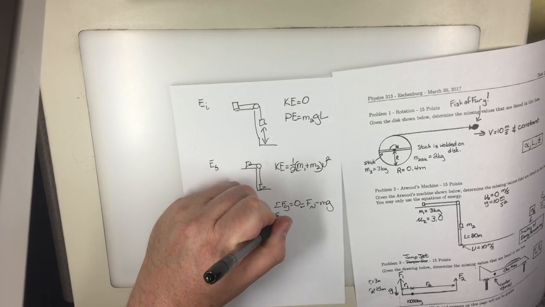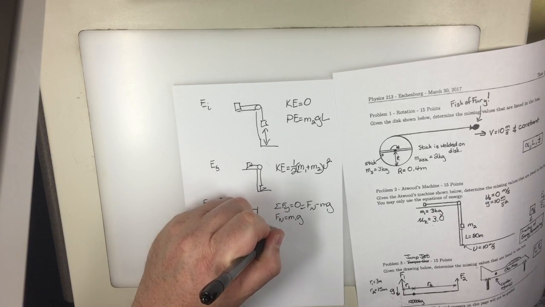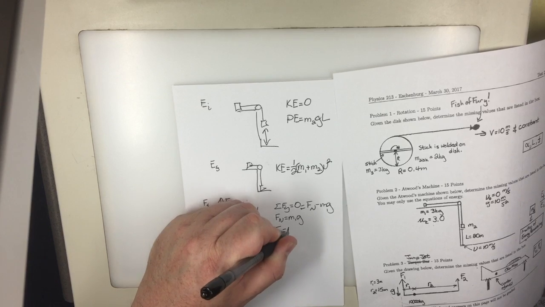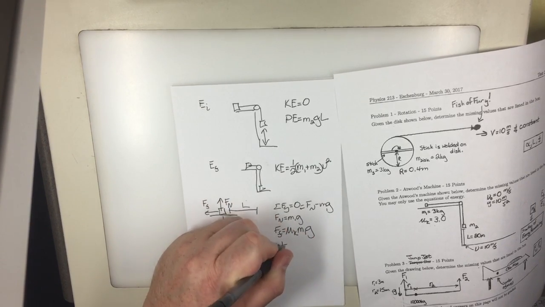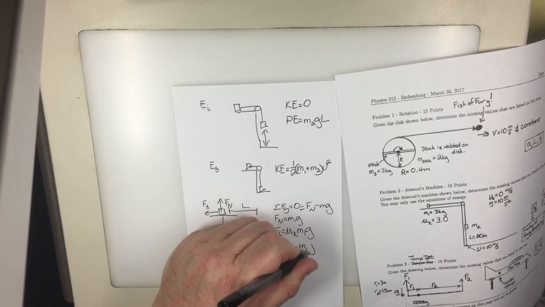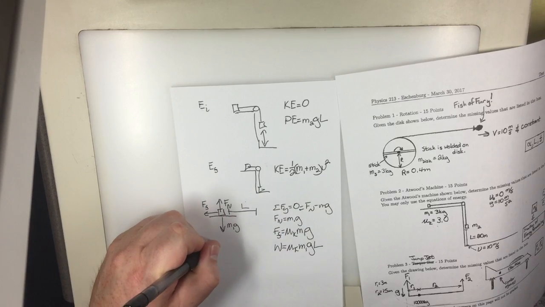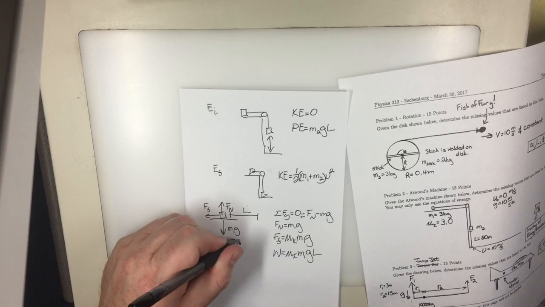So normal force is equal to m1g, which means that friction force is mu sub k m1g, which means your work is mu sub k m1g capital L, because work is force times distance.